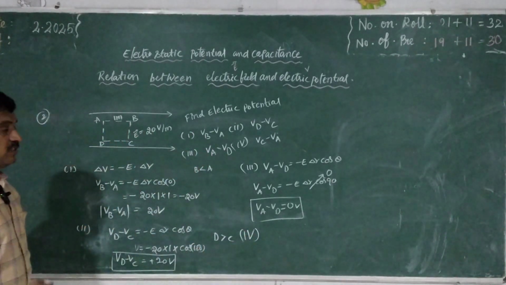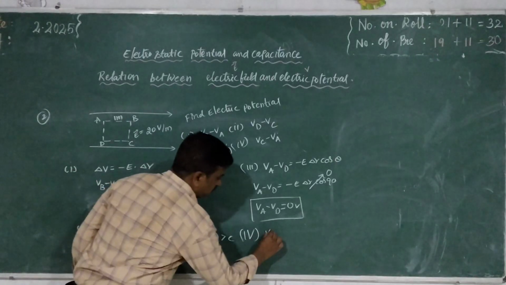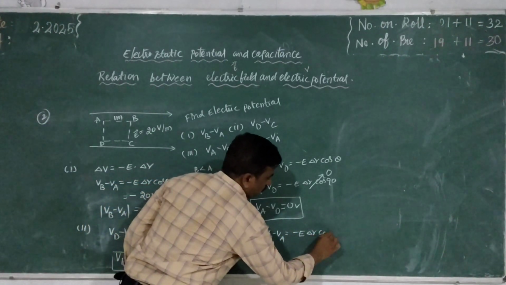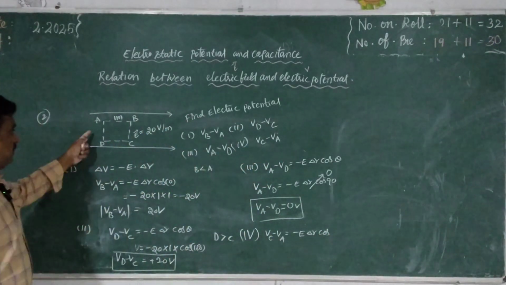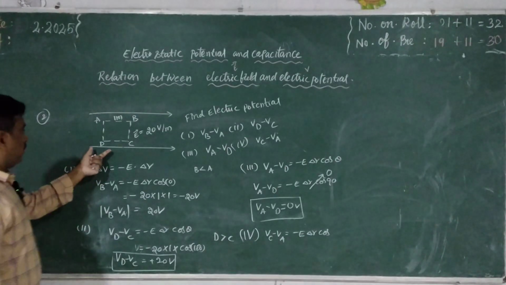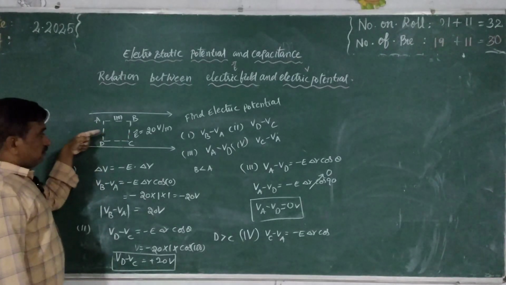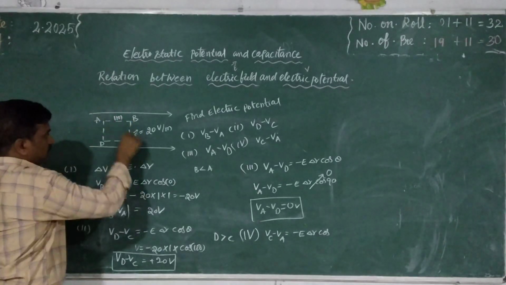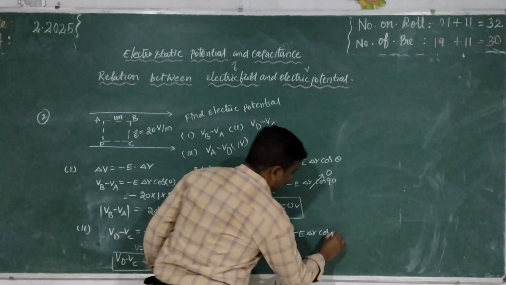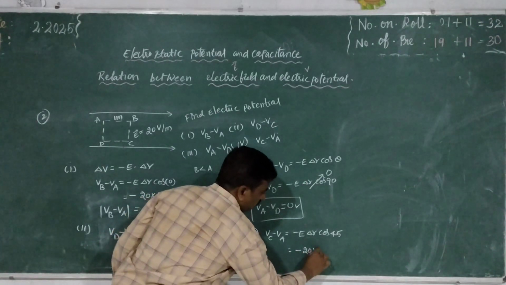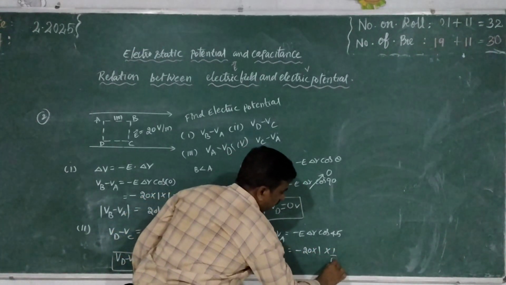Fourth one, VC minus VA equals minus E delta R cos theta. The angle is 45 degrees with the electric field, so cos 45. Minus E is 20, delta R is 1, cos 45 is 1 by root 2.